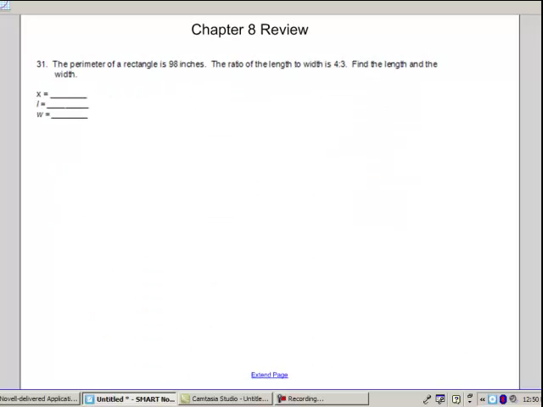The perimeter of a rectangle is 98 inches, and the ratio of the length to width is 4 to 3. I put a 4 and a 3, but notice it's not the numbers themselves, it's the scale factor. Whenever I'm solving these problems, put an x out here. So I've got 3x and 4x.